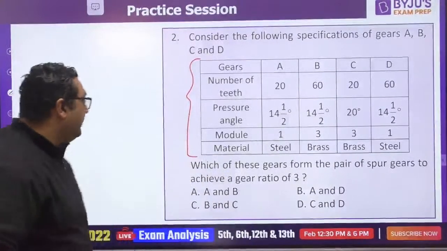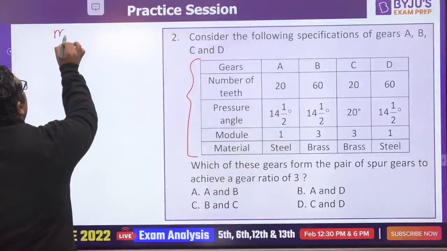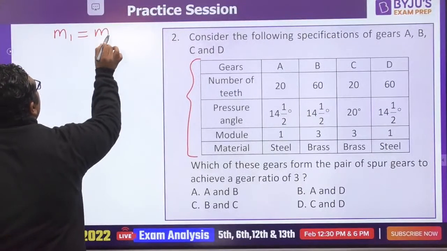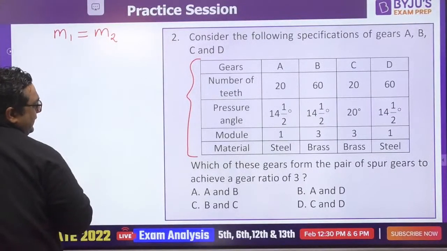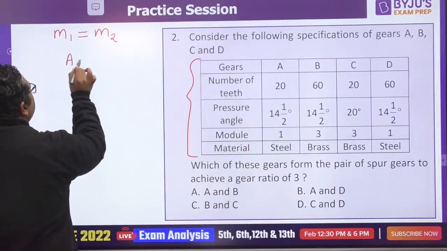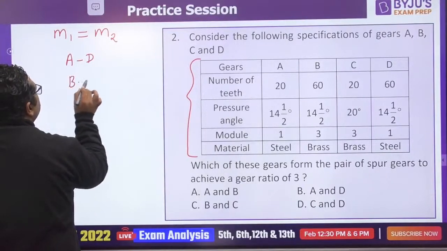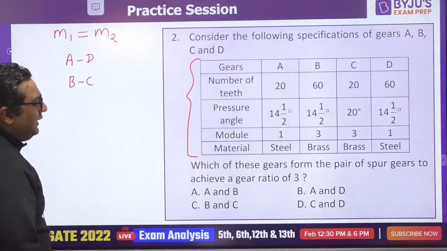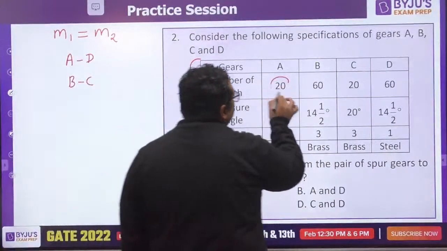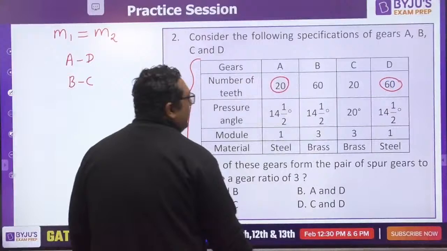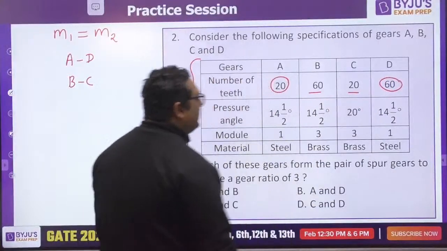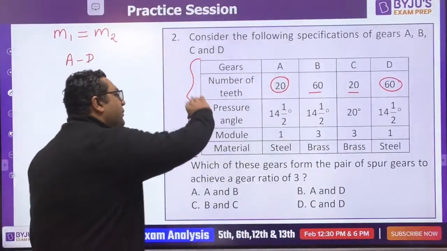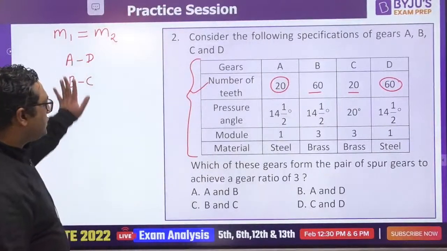You know that for mating gears, modules are same. So module of 1 should be equal to module of 2. Either the connection can be between A and D or B and C. If you go for A and D, you would get a ratio of 3. If you go for B and C, you will also get the ratio of 3. As far as the number of teeth is concerned, both are possible.